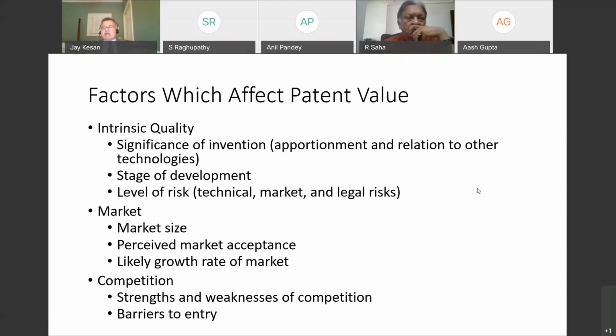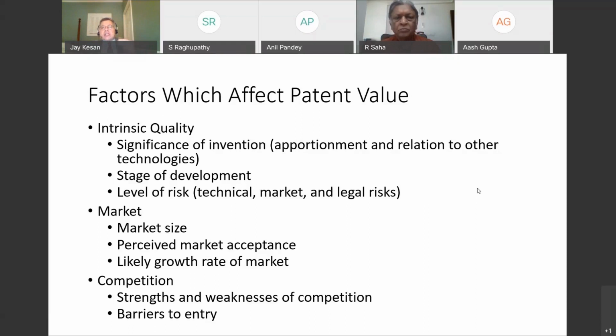A related concept is apportionment. By that, we mean, what is the incremental value of that patented invention to a final product or a technology or a service? In other words, we have to be able to tell what additional contribution has been made by this particular patented technology to that product. Imagine you have a patent on a particular touchscreen technology.